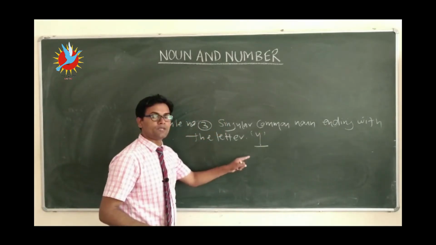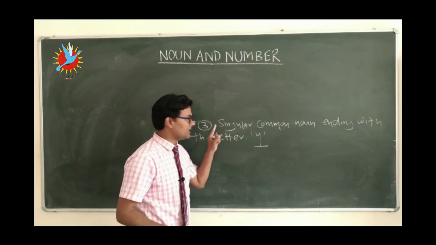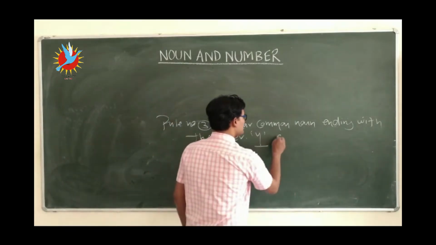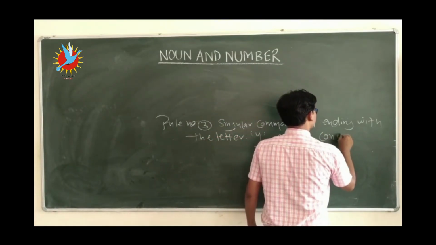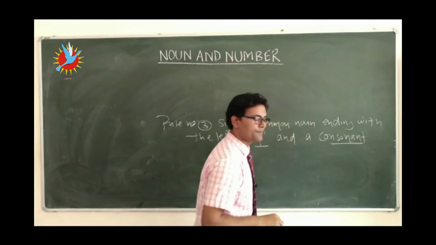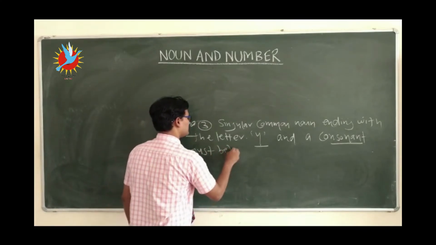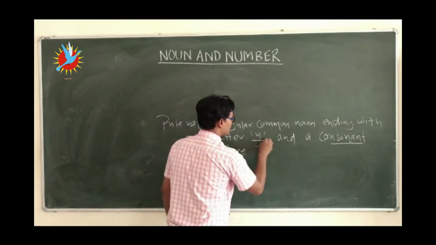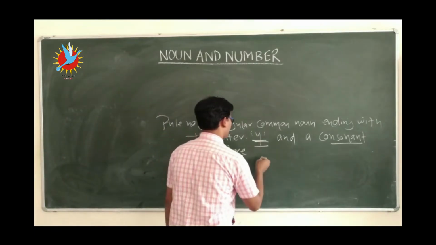Please do remember, if we have singular common nouns ending with the letter y and a consonant just before this letter y, or we can say just before the last letter.